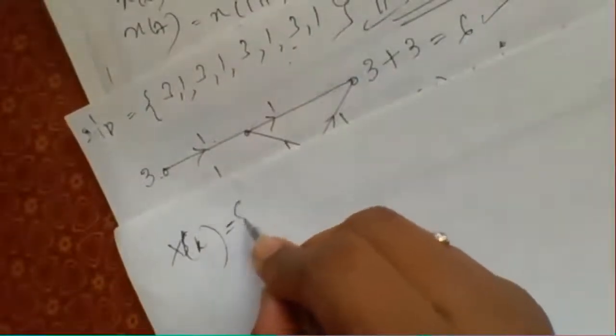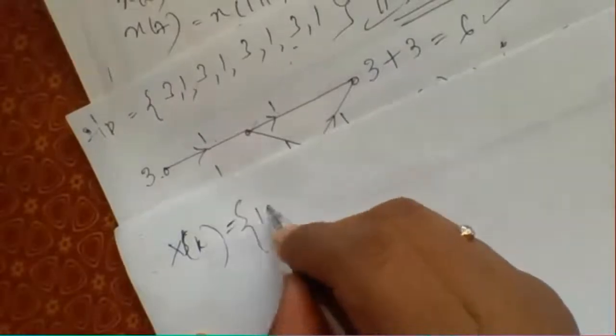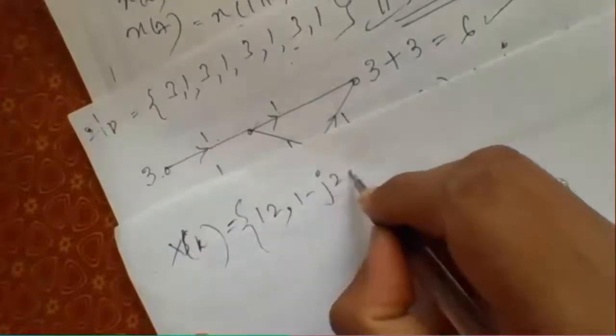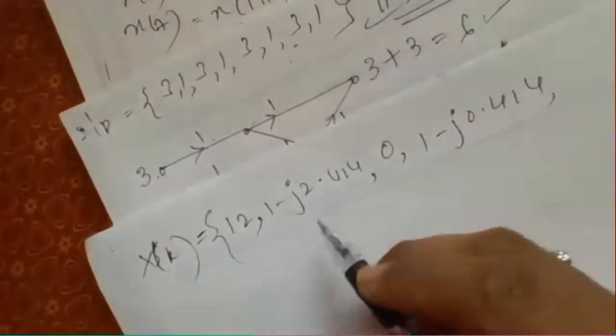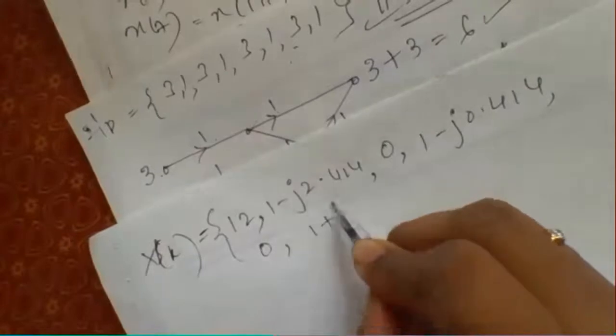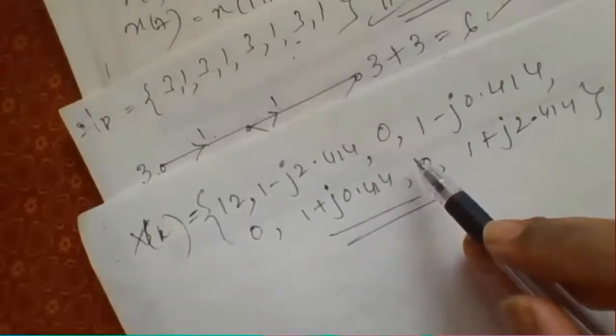So X of k equal to: first X of 0 is 12, next sample X of 1 value is 1 minus j 2.414, next is 0, then 1 minus j 0.414. They are the first 4 values. Later on again I have 0, then 1 plus j 0.414, 0, 1 plus j 2.414. Okay, so totally the 8 DFT samples are calculated at the end of the third stage.